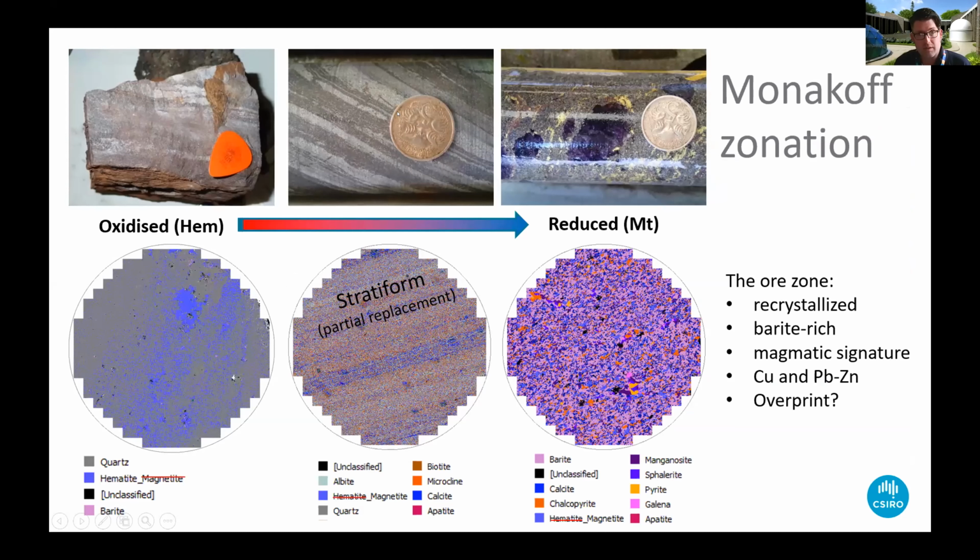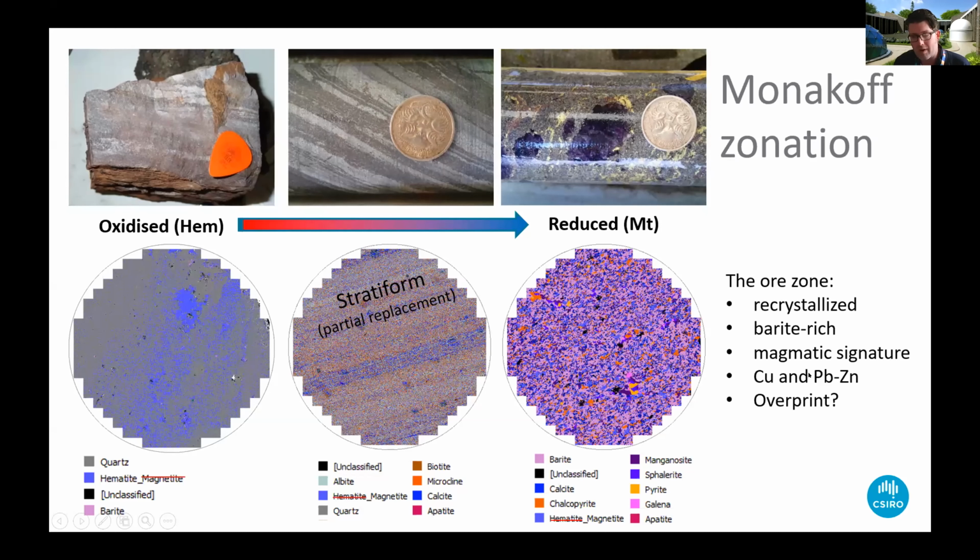As you come into the more proximal zone, you're getting this stratiform magnetite, and this is basically just partial replacement of the siltstones that host the deposit. As you get into the core of the system, you have lots of magnetite. You have total fabric destruction, so it's completely recrystallized. You can see in the pink here is the barite.